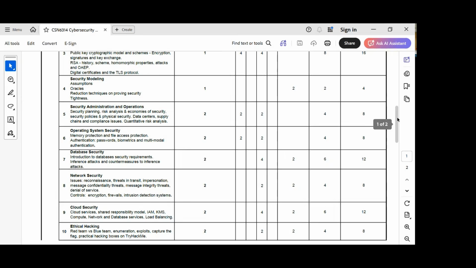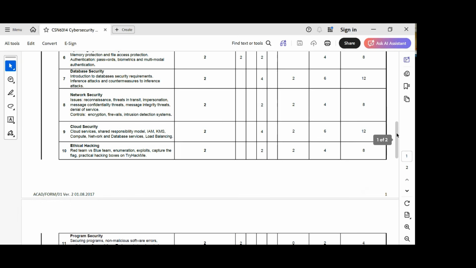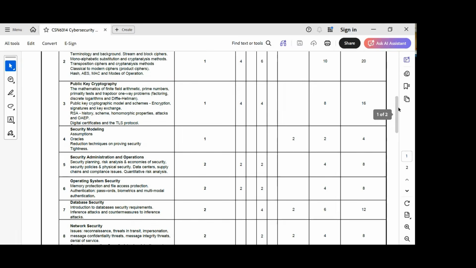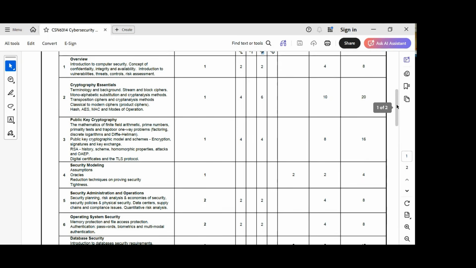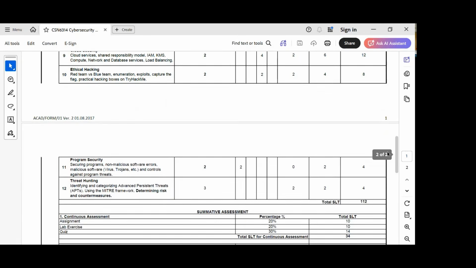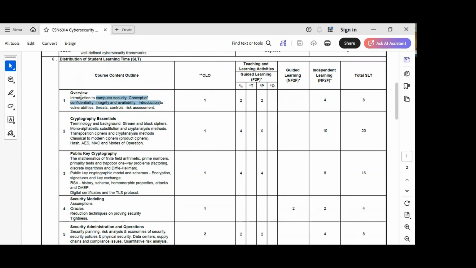We can try to make it flexible, and if there is a public holiday, we try to make it work. Okay, so this one is done.